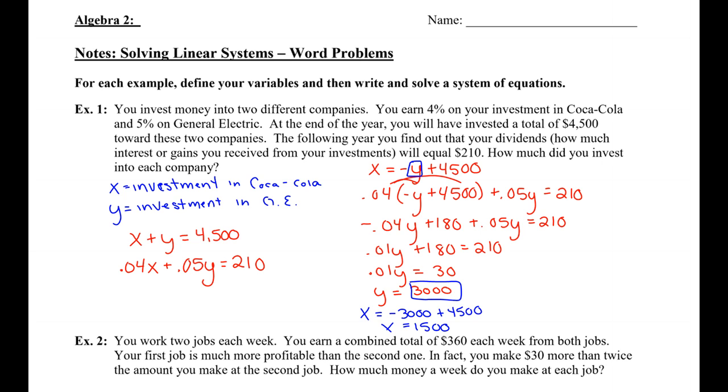For the word problems, your answer should always be written in a sentence. So I'm going to say that I invest $1,500 in Coca-Cola because that was my X, and 3,000 in General Electric.